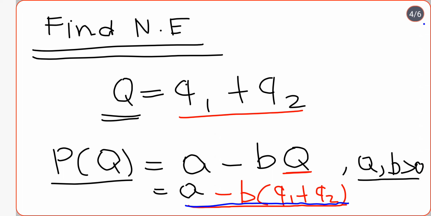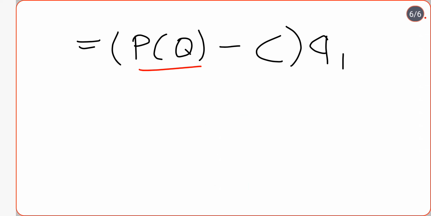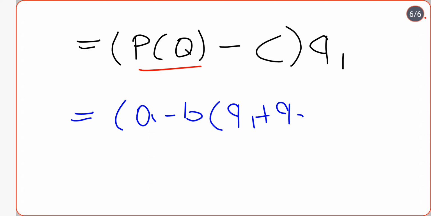So if I put A minus B into Q1 plus Q2, minus C, into this Q1, then we have derived the profit of farm 1.